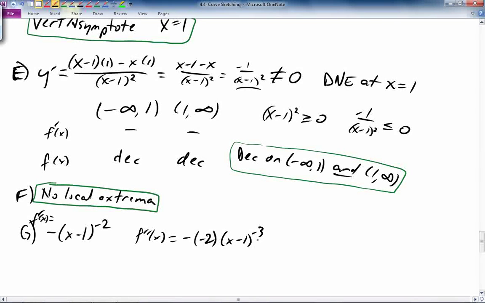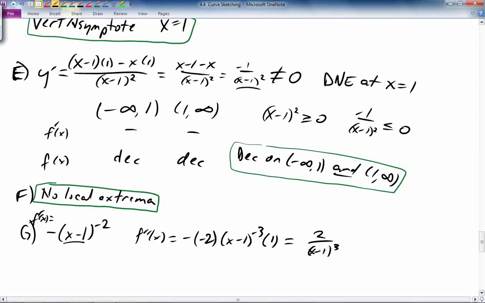Be careful when you're subtracting from negative numbers that you don't go the wrong direction. And that has to be times the derivative of the inside function. But the inside function is x minus 1, and that derivative is just 1. So what do we have? The opposite of negative 2, that's positive 2. This is a negative 3 exponent, so I'll say this is 2 over x minus 1 quantity to the third power.